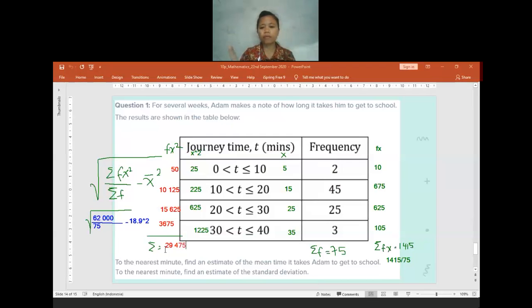Is there anyone who has a different answer? I have a different answer from someone through the chat box. Is it 29,475 or 29,675? Which one? Okay, thank you for those who already told me.